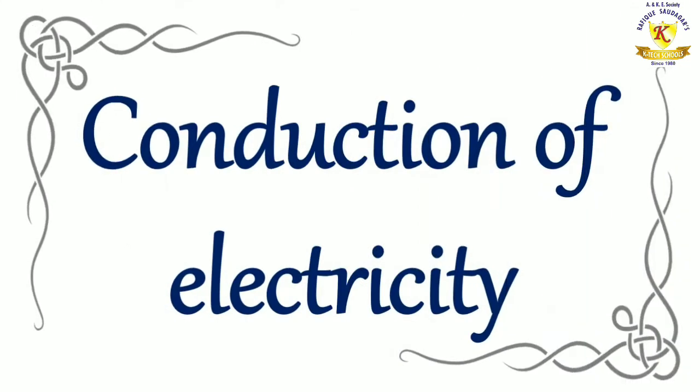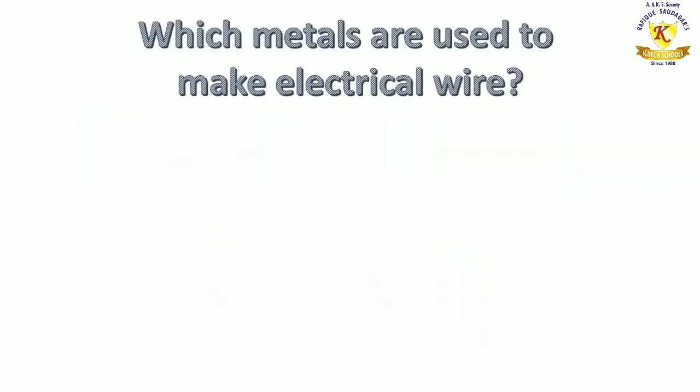The next property, number 7, we have conduction of electricity. Now tell me, children, which metals are used to make electric wire? Think, children.